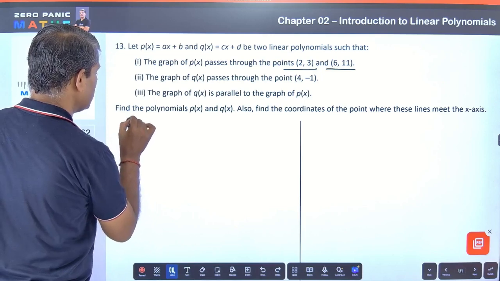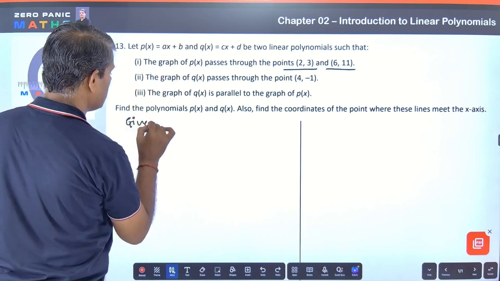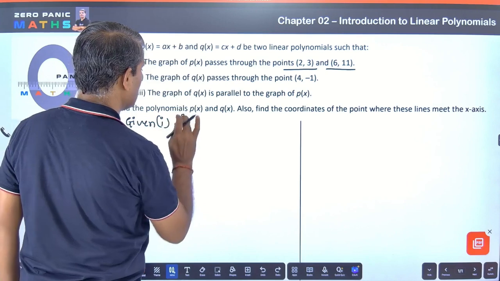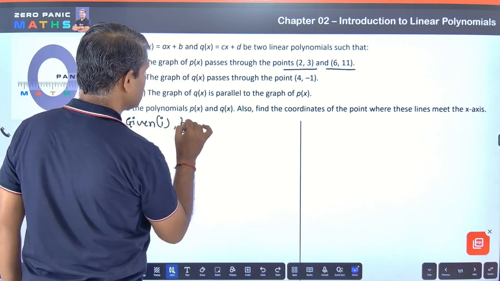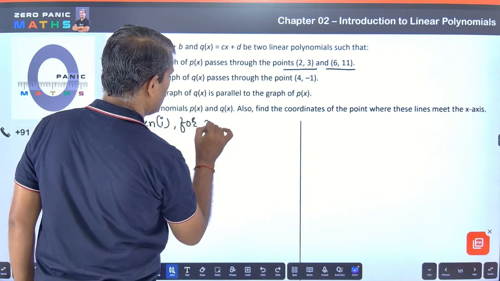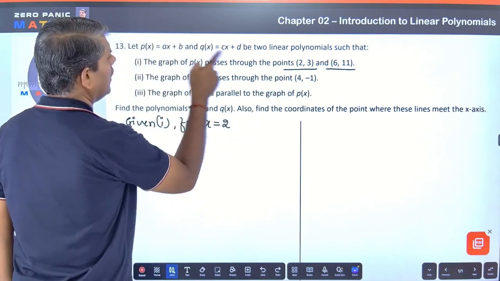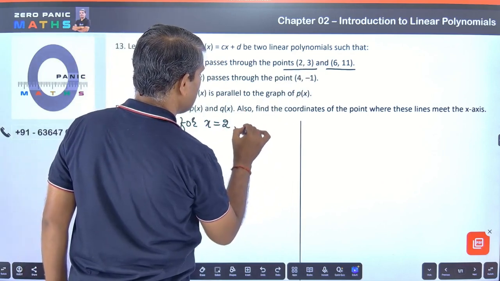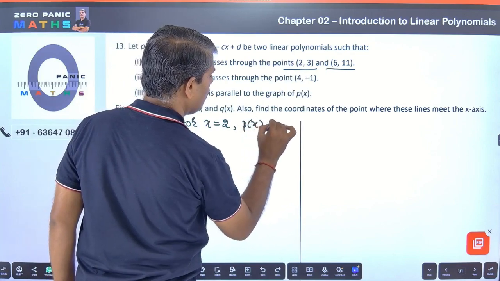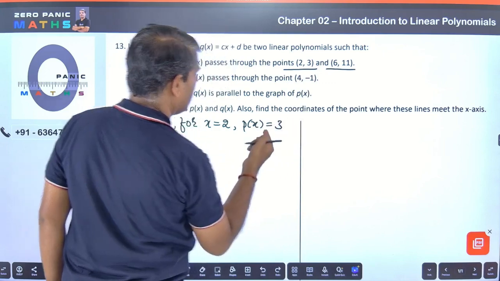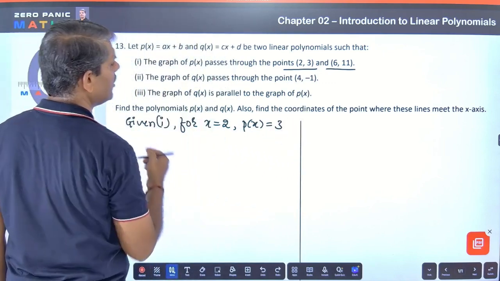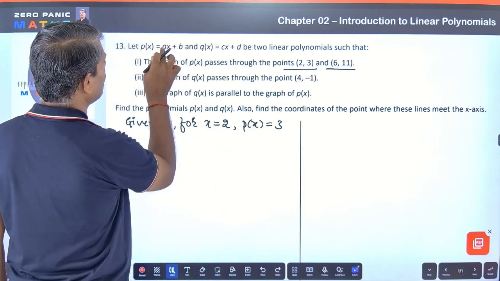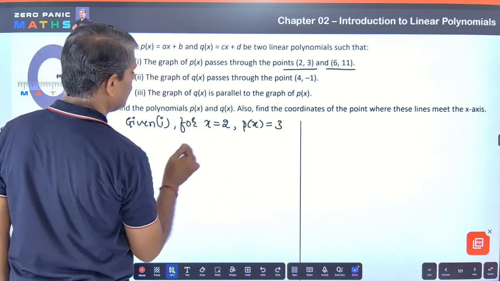Given point 1, for x is equal to 2, p of x or y is equal to 3, right? So I can say p of x is equal to 3. Let us substitute that in this equation. Sorry, x is equal to 2. That is 2a plus b is equal to 3.